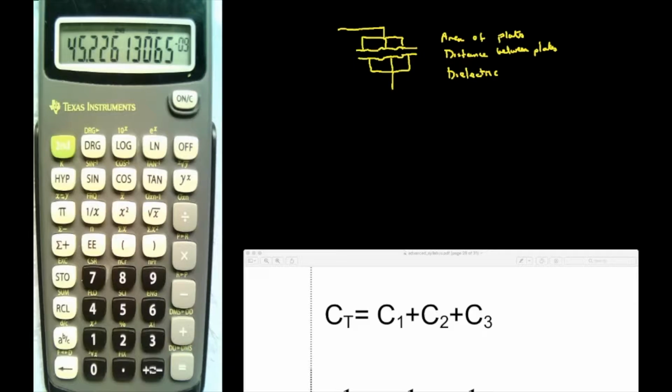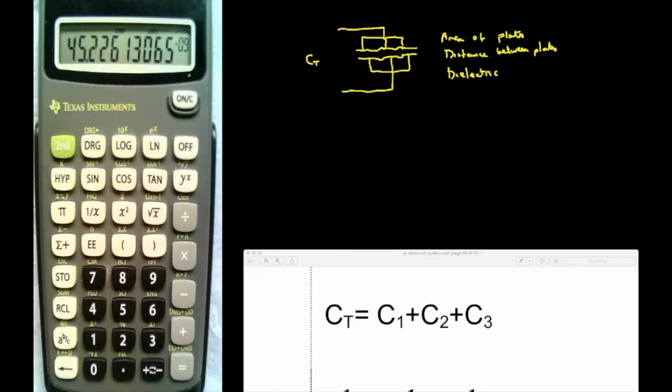So that may be a good way of trying to remember that the Ct, the total or equivalent capacitance of capacitors in parallel, you add them up, you add the capacitances together. And remember that in series we use the reciprocal formula. So I don't think we need to do that.